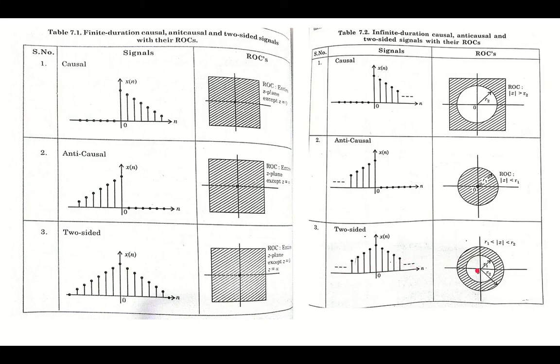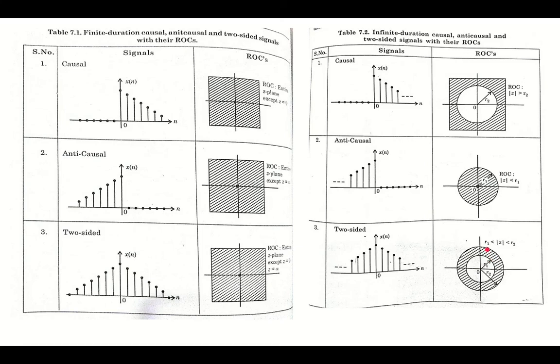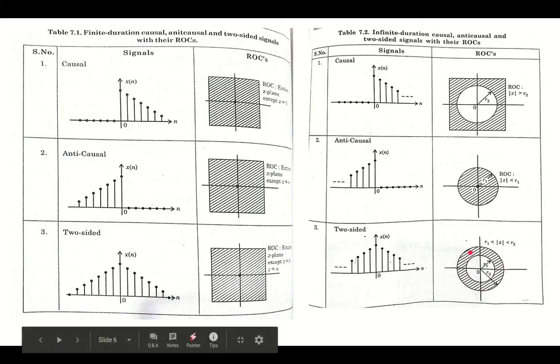Then the ROC of this Z transform will be the intersection part. One radius will correspond to R2 and one radius will correspond to R1, so the intersection part, that is greater than R1 and less than R2, will conform to our ROC.